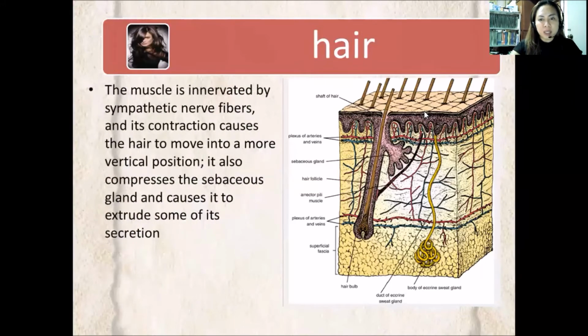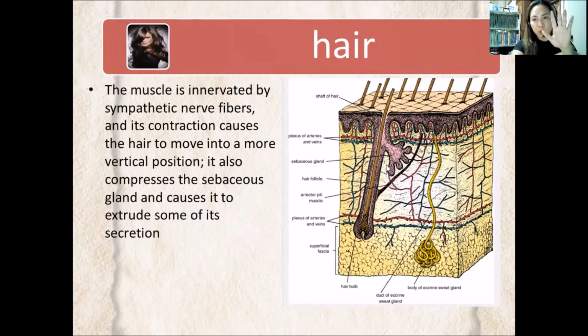Okay, so the muscle, ito siya, the erector pili muscle, it is innervated by sympathetic nerve fibers, and its contraction causes the hair to move into a more vertical position. So when this muscle contracts, tumatayo yung balahibo, okay, the hair. It also compresses the sebaceous gland, okay, and causes it to extrude some of its secretions.